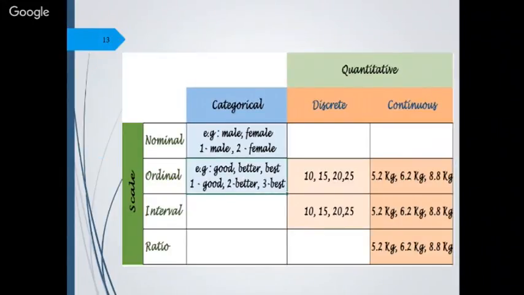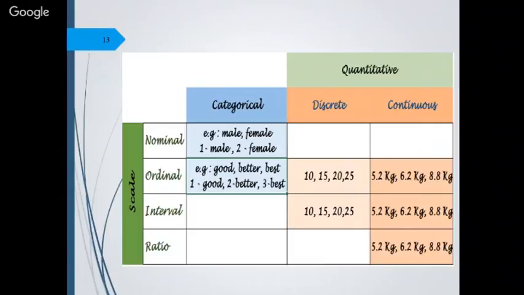So this chart gives you a better understanding about the measurement scales and types of data. On the left side the scales are there: nominal, ordinal, interval, and ratio scales. The third column gives the categorical data. Categorical data can be measured in two ways, that is the nominal measurement type or the ordinal measurement type.